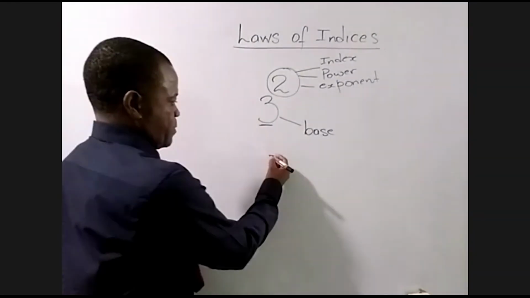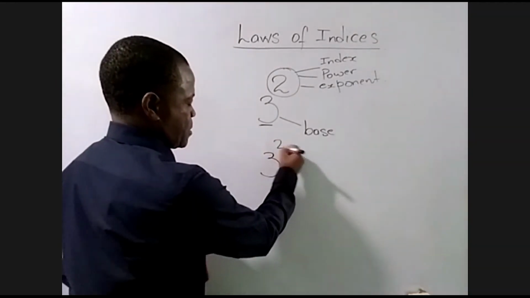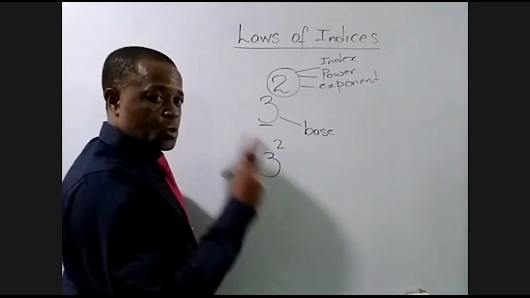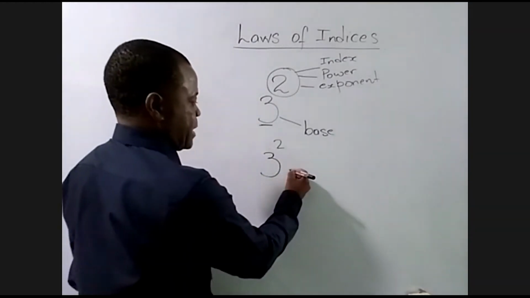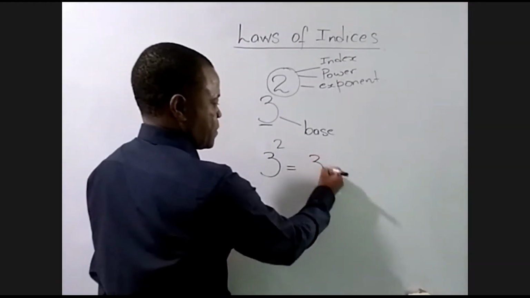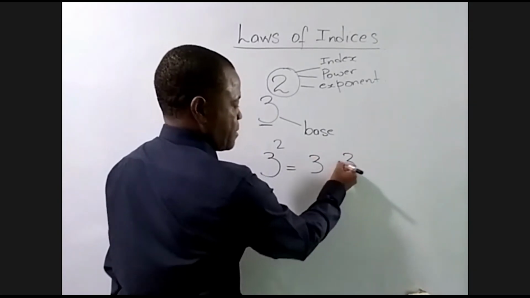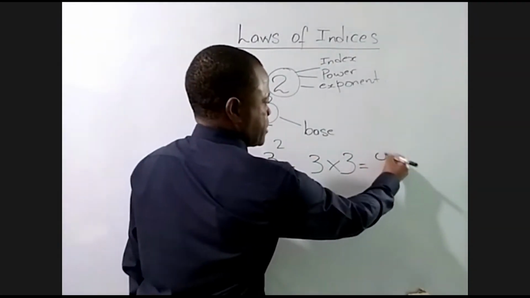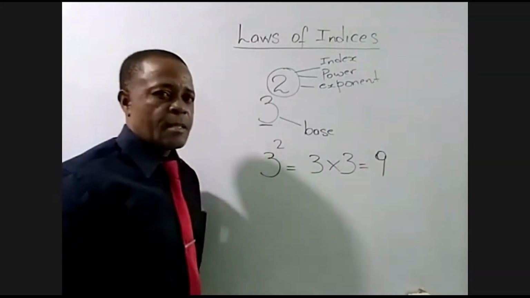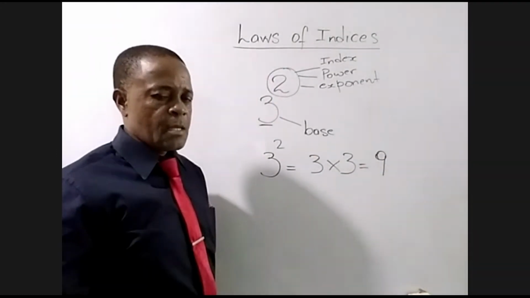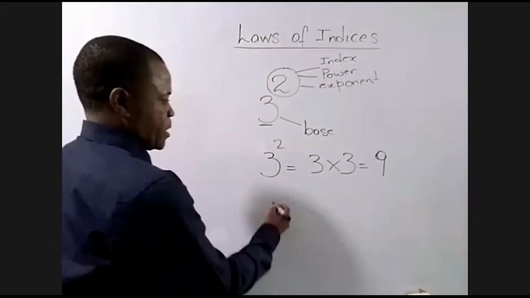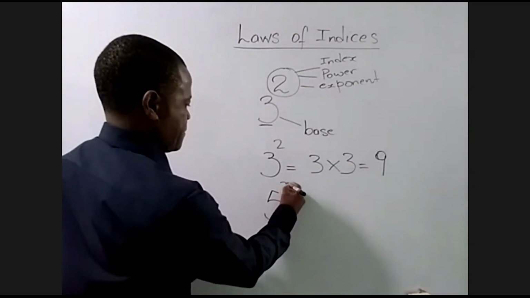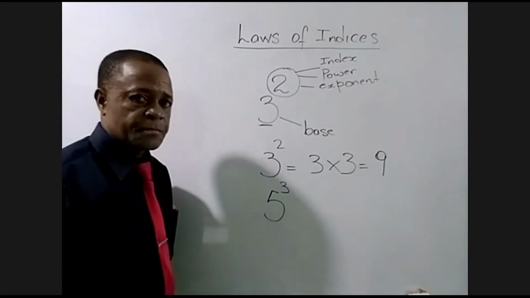So 3 to the second, it's telling you write the base 2 times and then you multiply. So this would have been 3 times 3, but we must multiply. Therefore, our result there would have been 9. Another example we could look at, say, 5 to the third power.